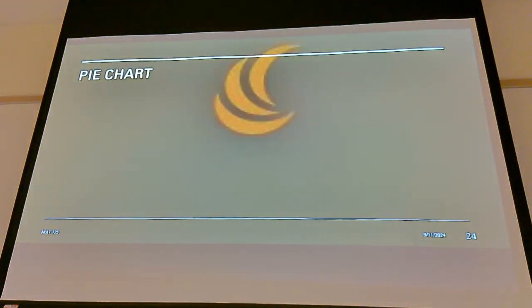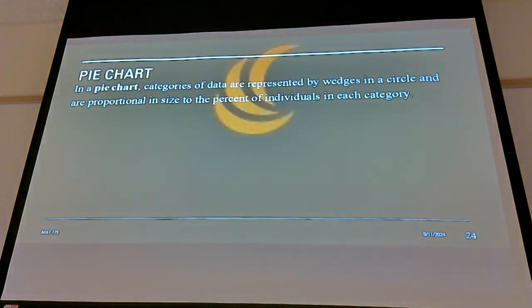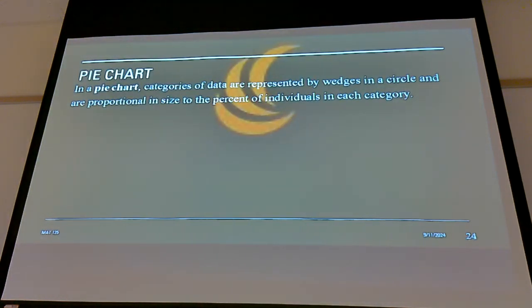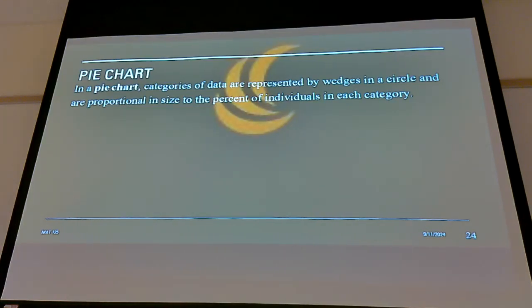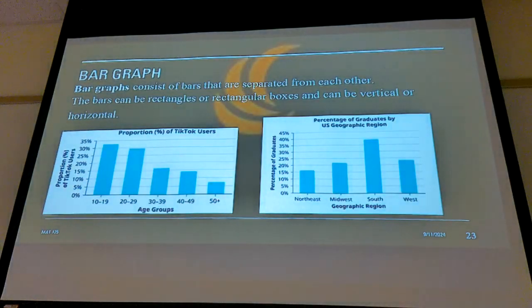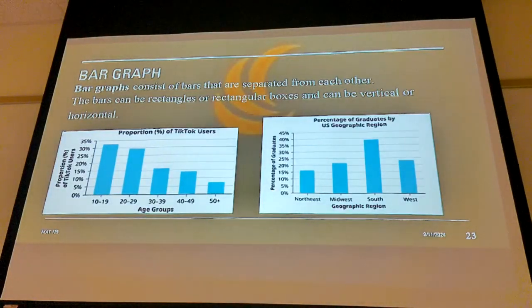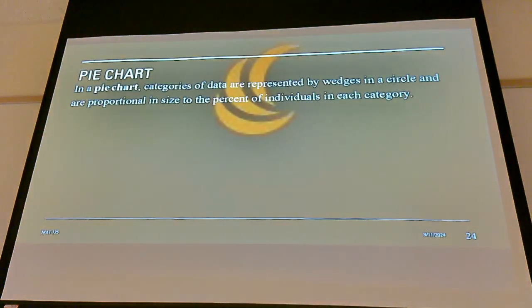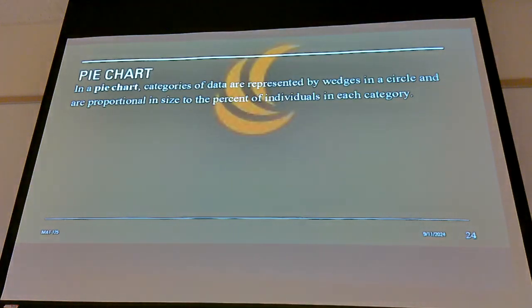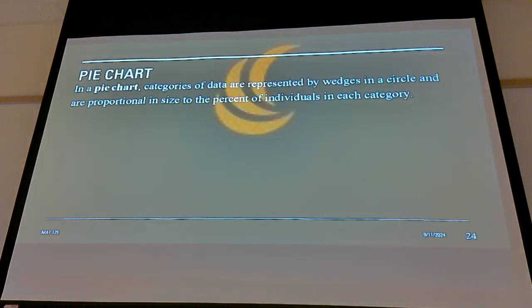Generally speaking, a bar graph is going to come from a frequency distribution, and a pie chart is going to come from a relative frequency distribution. Here's an example. And another one. You could include the percentages on the pie chart.